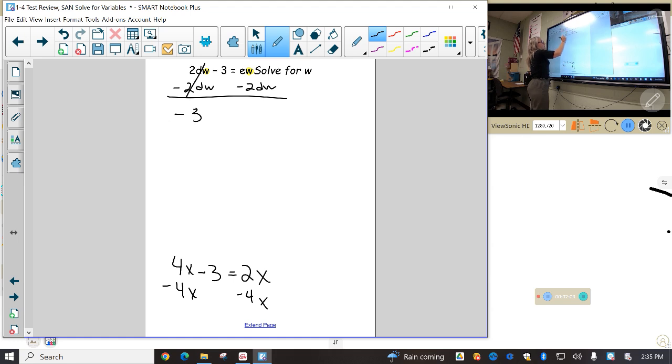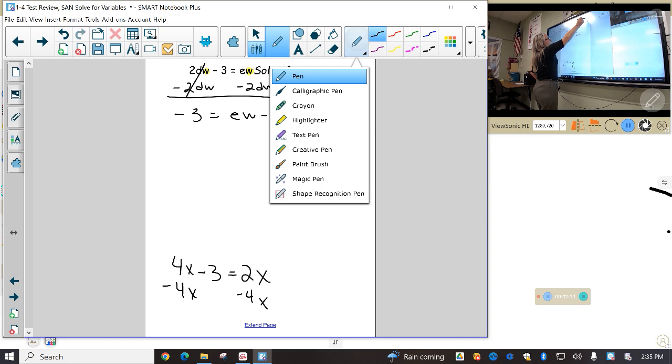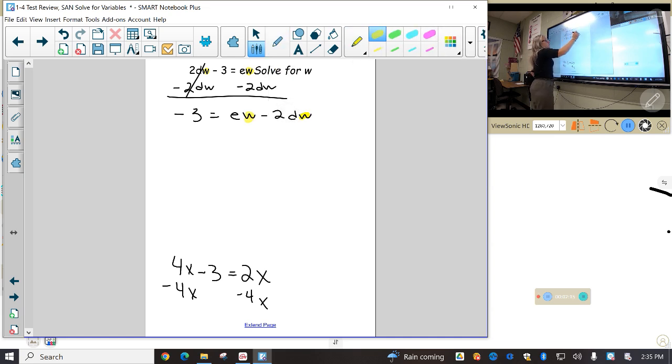So I have -3 equals ew minus 2dw. I still have two w's, so I have to figure out a way to rewrite that to only have one w. So I'm going to go ahead and use the distributive property backwards. I'm going to put a w in the front, and whatever I have left here, which is just e minus 2d, put it inside.